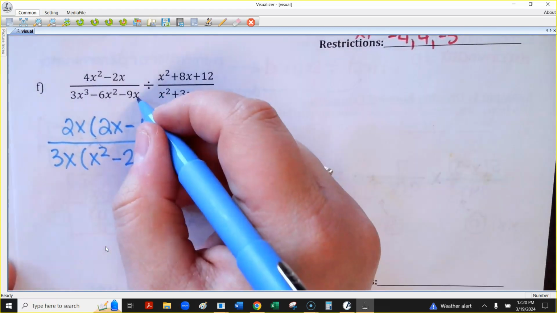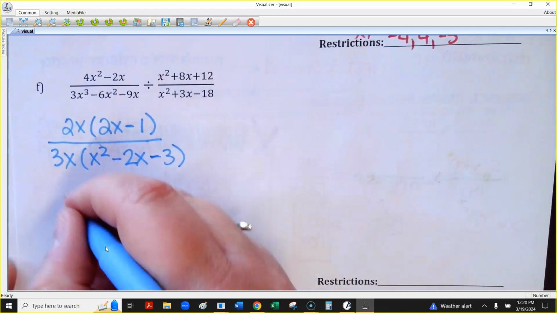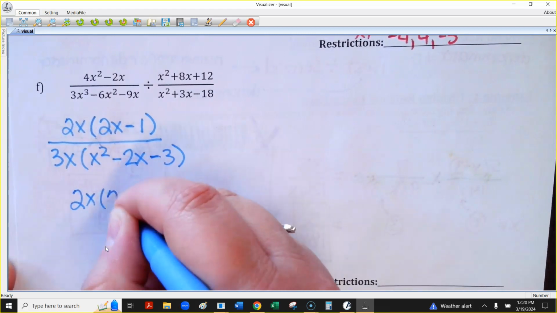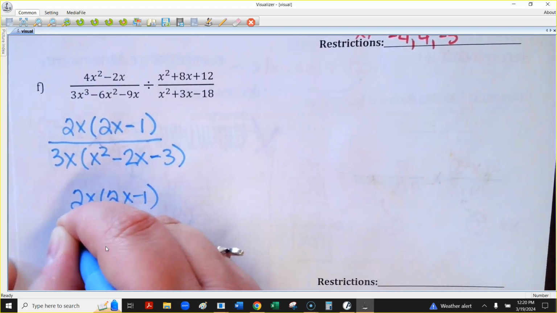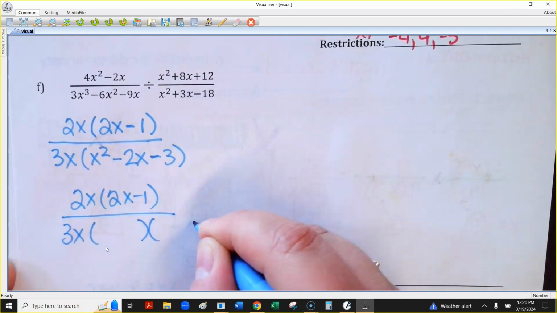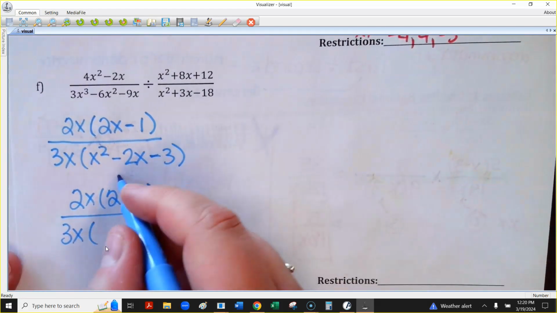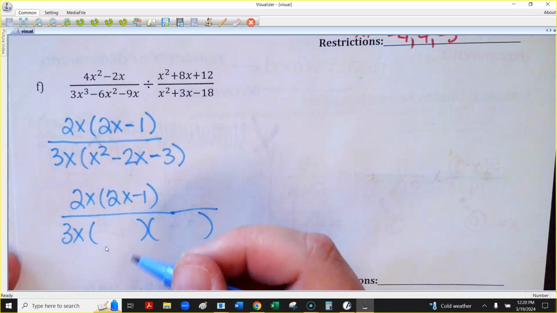And then 9x divided by 3x would just be minus 3. I know if you can do this faster than that, go right ahead, but I'm going to do this in 2 steps. So I can further factor that quadratic. That would be numbers that multiply to get you negative 3 and add to get you negative 2.